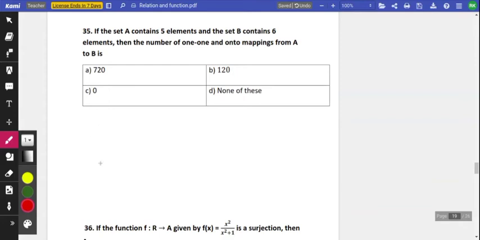In this question, A and B are two sets in which the number of elements in A is 5 and the number of elements in B is 6.